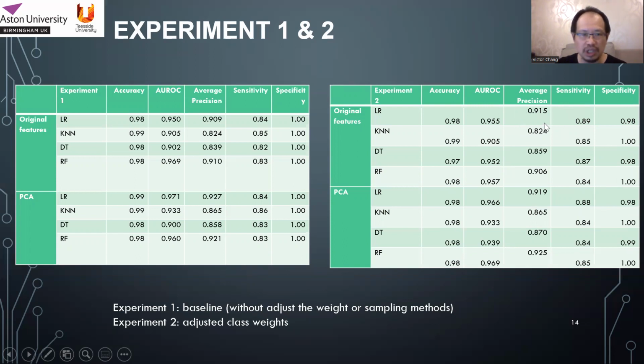The average precision in this case is also slightly higher compared to the previous experiment, but in some cases can be lower. AUROC is also having very closely matched results, but in some cases you may have higher ones, or in a few cases slightly lower.